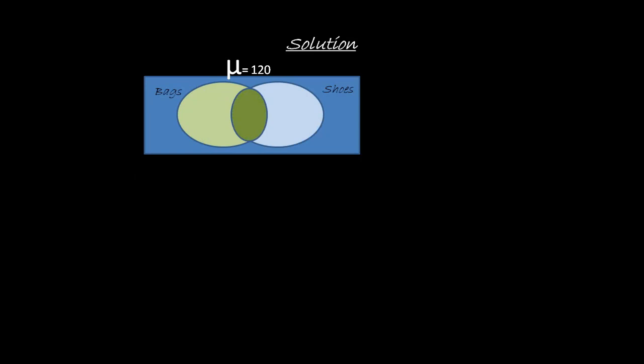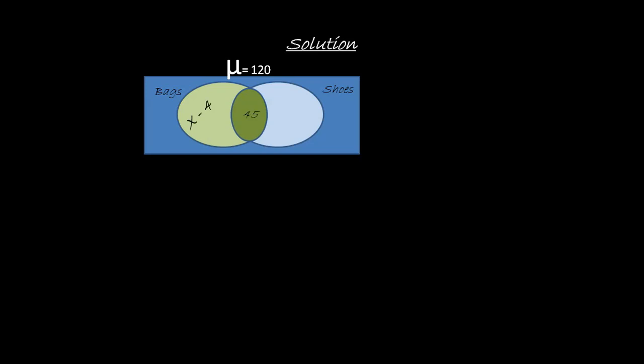Some bought bags, some bought shoes, and some bought bags and shoes. That is regarded under set terminology as intersection. And we have a value from our question that 45 bought both bags and shoes, and here it is.